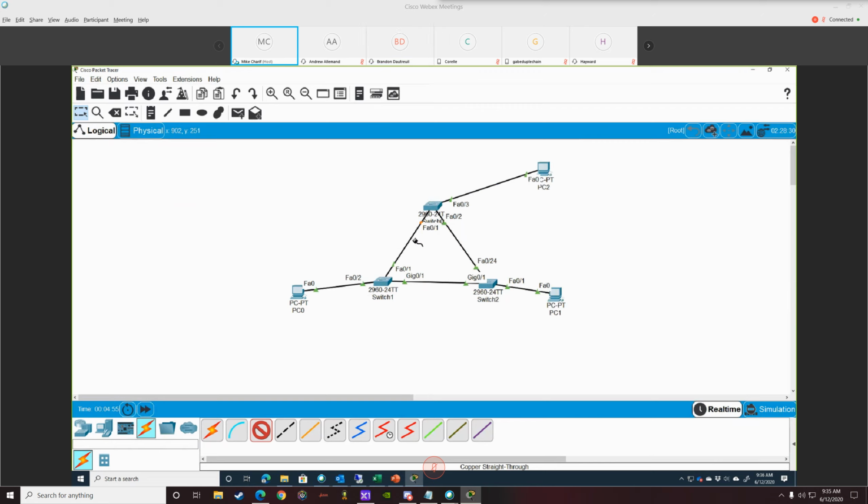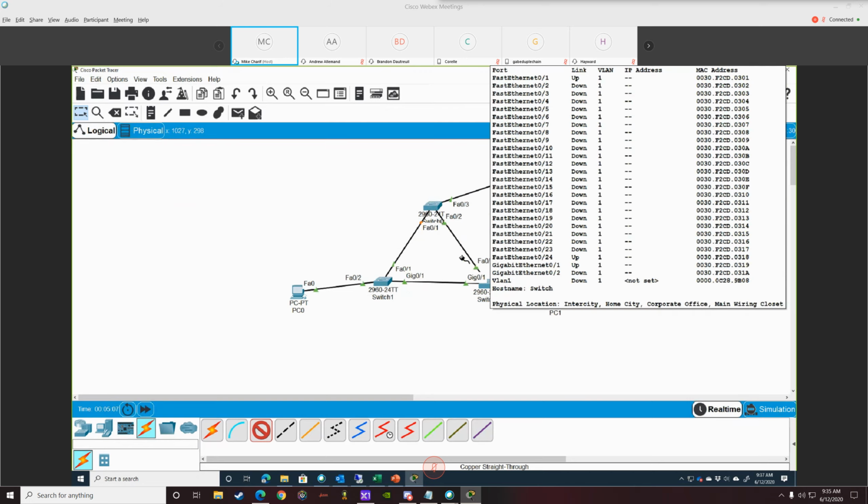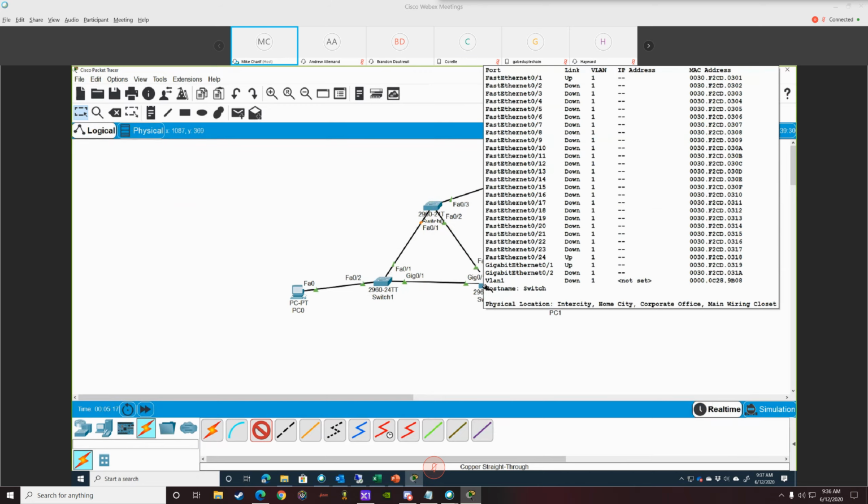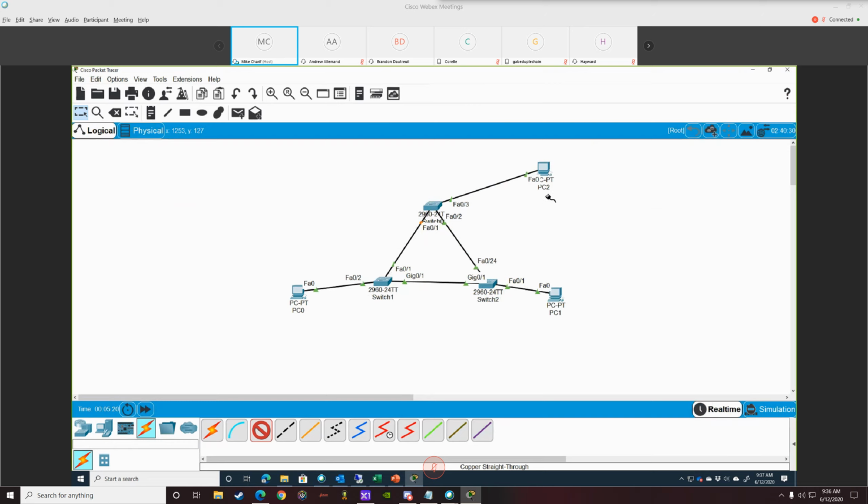So if we don't have spanning tree in place, PC2 is going to be in the MAC address table over here, and it's going to be in the MAC address table over here. Then this guy is going to tell you, if you want to go to PC2, you go from here. And this guy's going to tell him, if you want to go to PC2, you can go through here, and so on. So we end up in what? A loop. The frame is going to go into an endless loop.